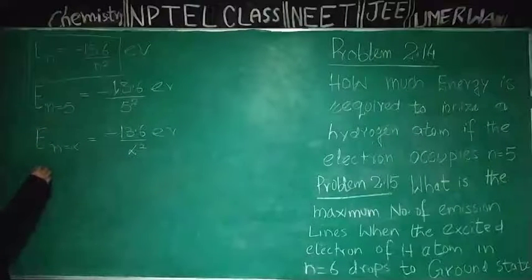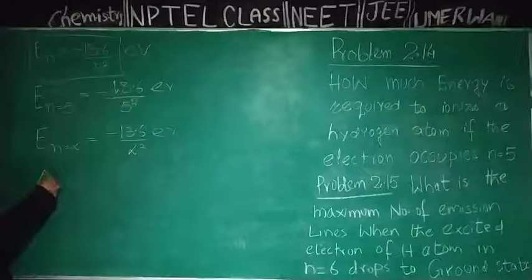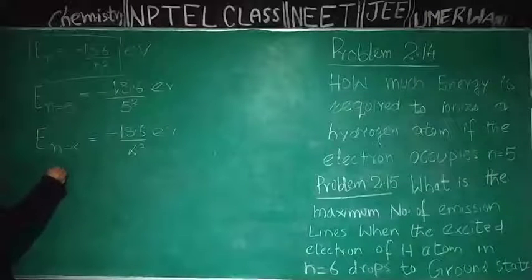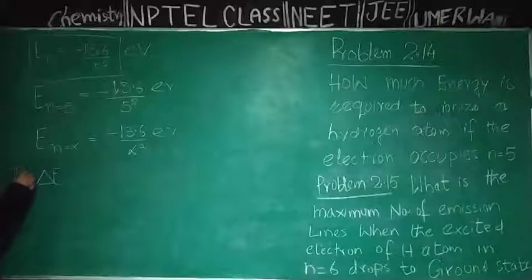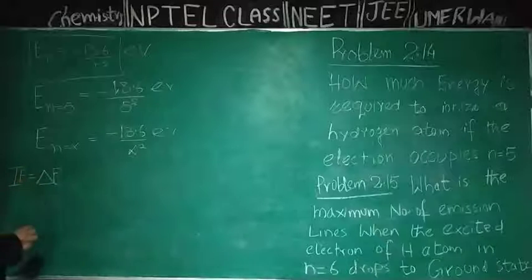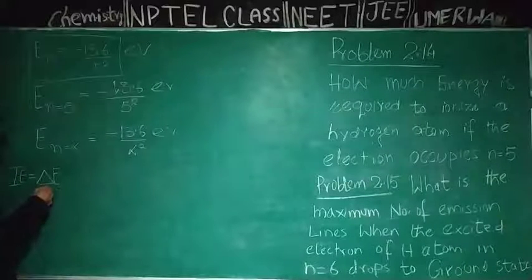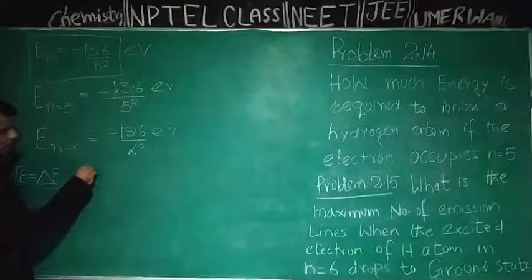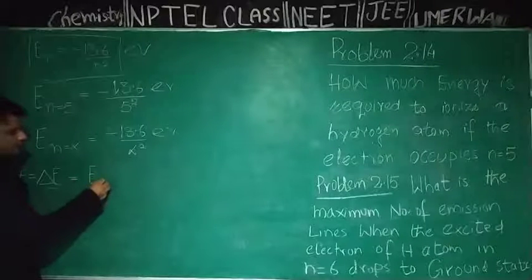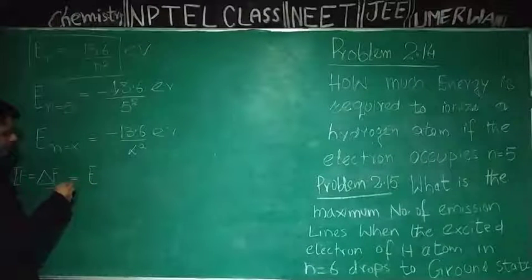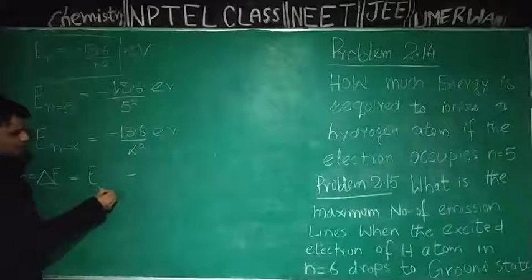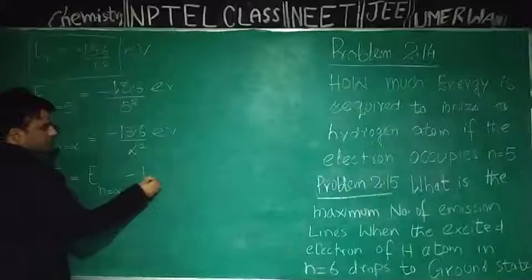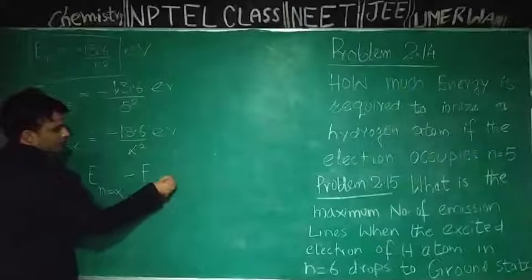Then how much energy, delta E, do we have to provide to this electron to cause ionization of the hydrogen atom? That will be equal to the energy difference between the energy of the electron at infinity and the energy of the electron in n equal to 5.